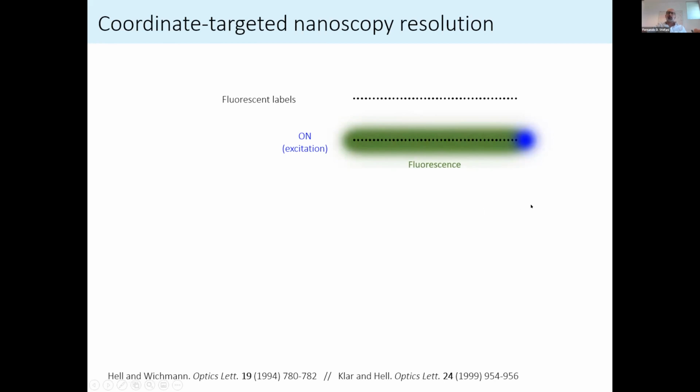Now imagine that we have some mechanism to suppress fluorescence emission with light. If such a mechanism exists, then we can overlap with the excitation focus another focus of light, but in this case, instead of having a maximum at the center, it has a minimum in the center, and it has a maximum in the periphery.